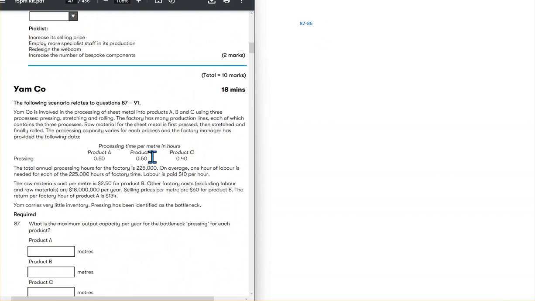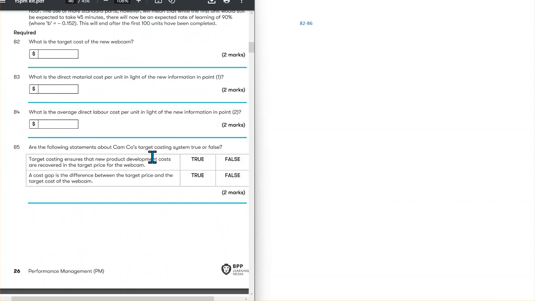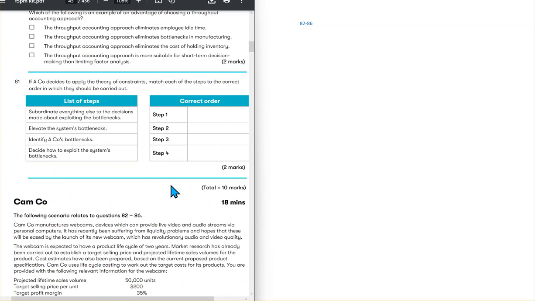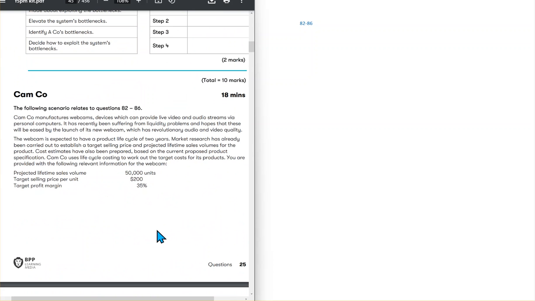Target cost is the target selling price minus the target profit, which is 200 deducting 35%. So what you could do is take 200 directly multiplied by 100% minus 35%, which would be 65%, which would be 130.